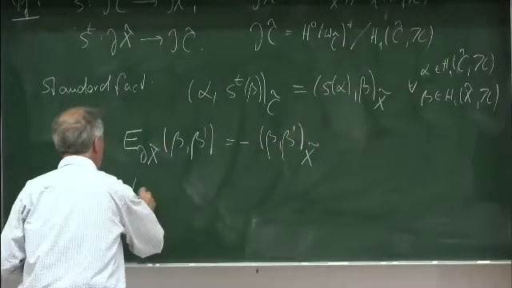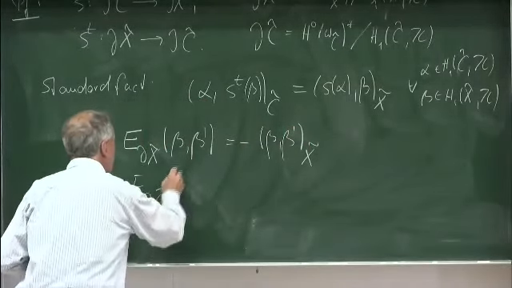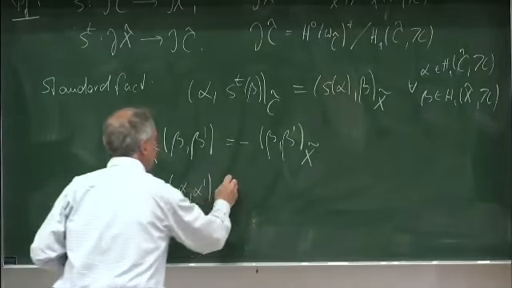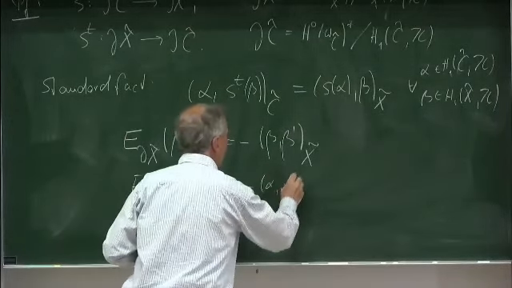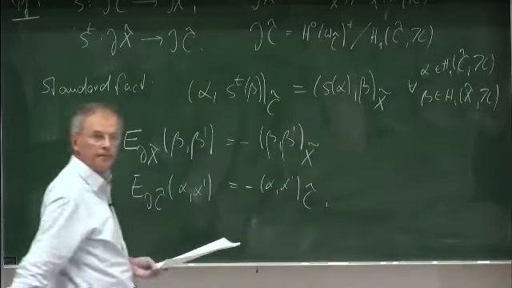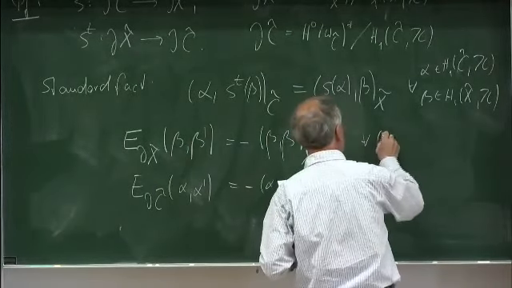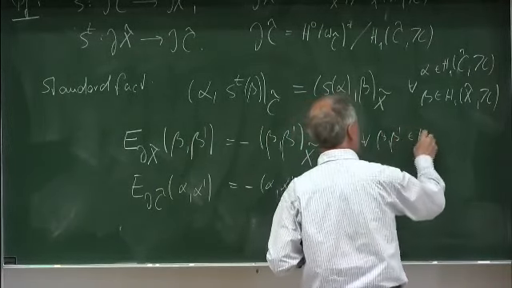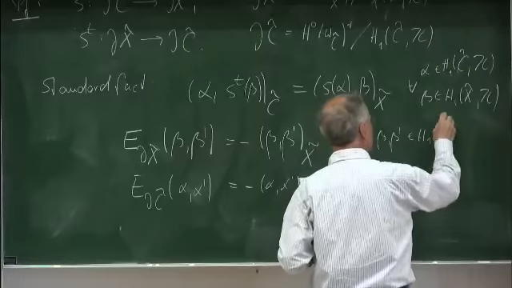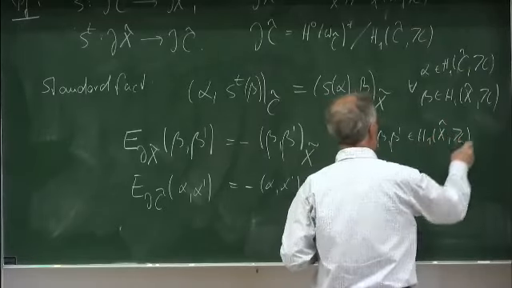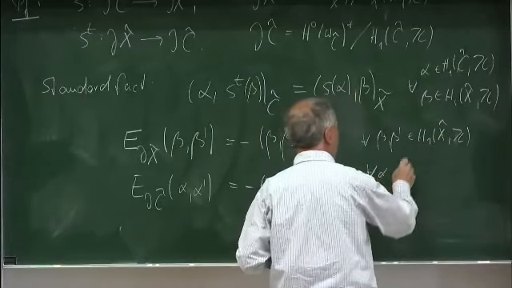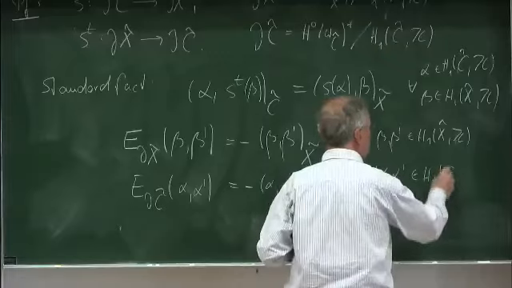And similarly, on JC tilde it is given by minus alpha, alpha prime on C tilde, for all beta, beta prime in H1 of X tilde Z, and for all alpha, alpha prime in H1 of C tilde Z.